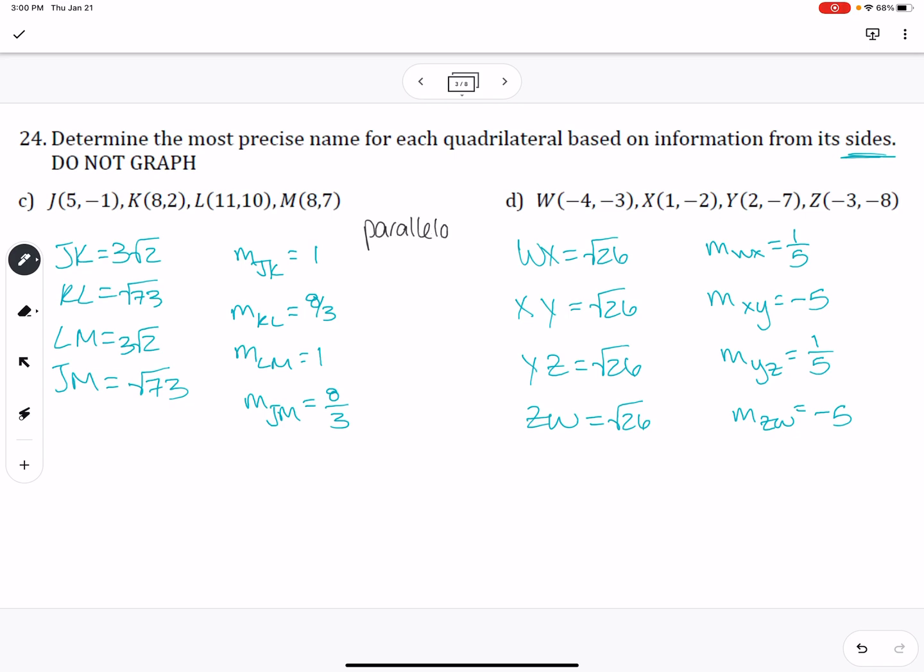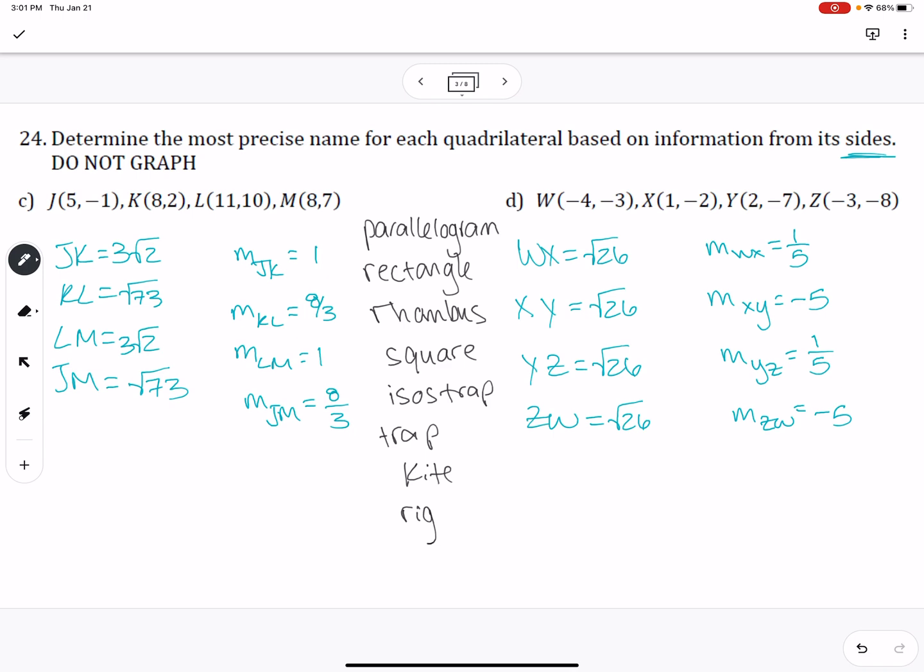Parallelogram, rectangle, and again, I'll be more precise on your quiz as to what I'm looking for. Square, isosceles trap, regular trap, kite, and right trap. Okay, so we will do the one on the left in blue again.